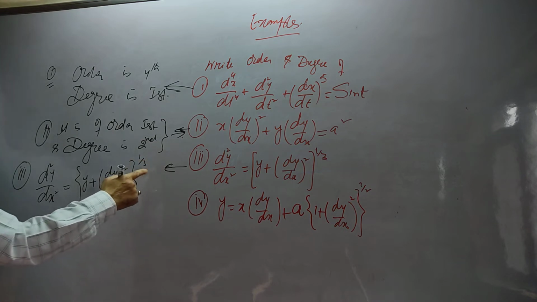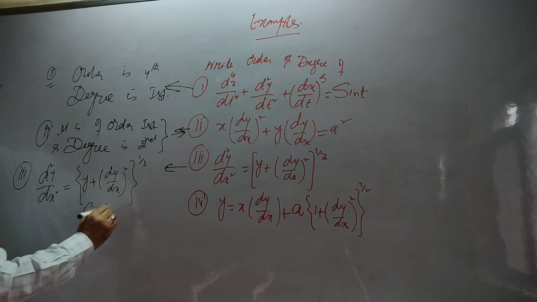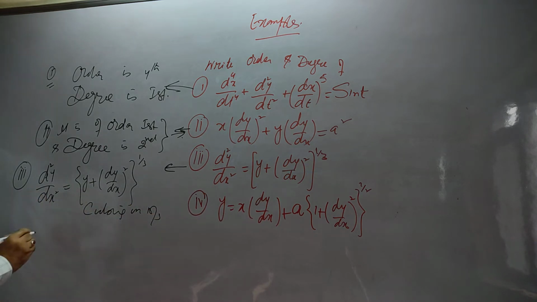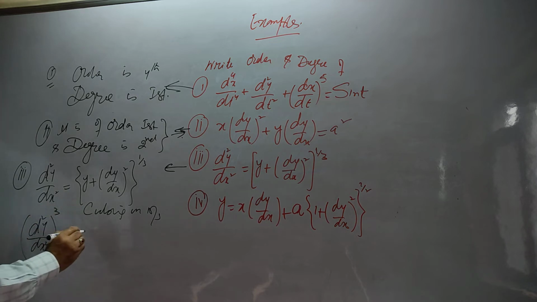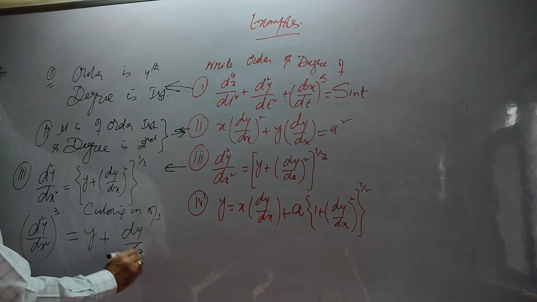To get rid of this fraction, I will cube on both sides. Cubing on both sides, it is (d2y by dx square) whole cube is equal to y plus (dy by dx) square.